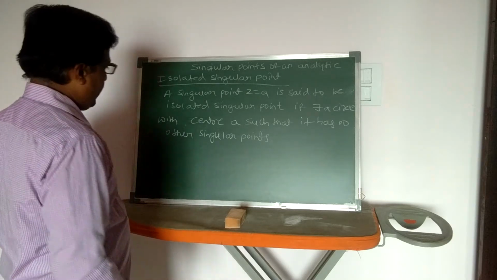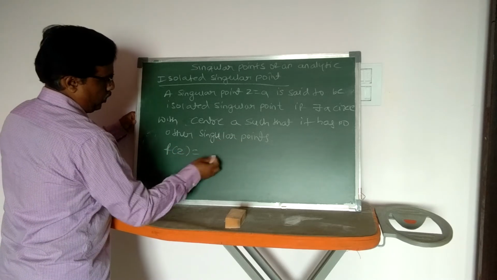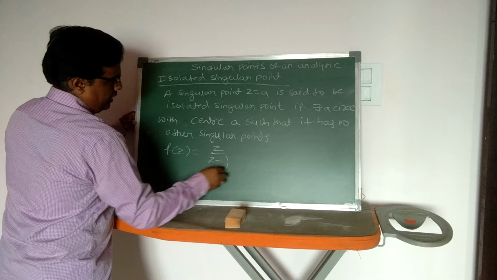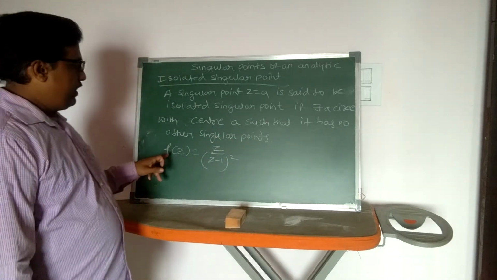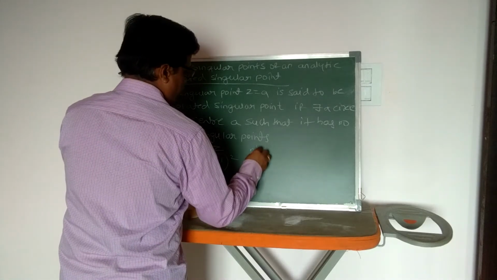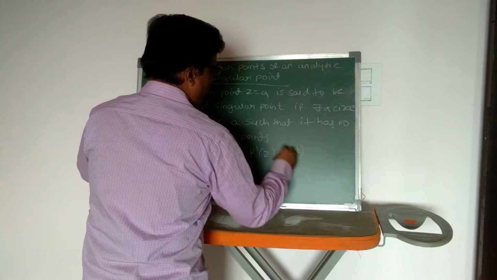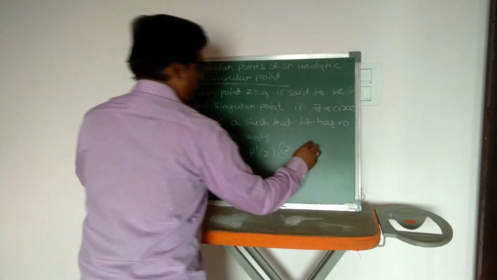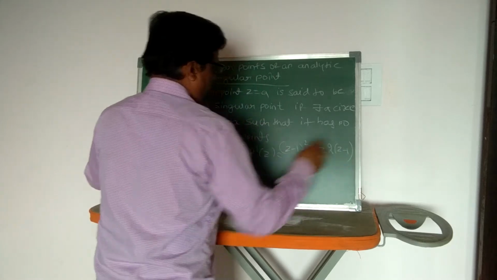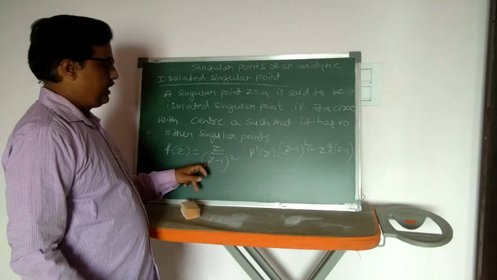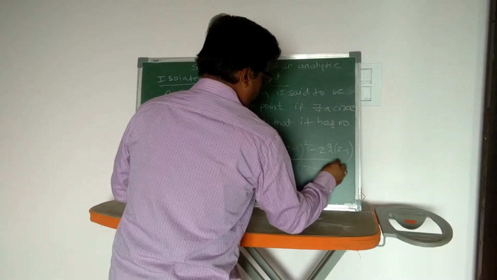Okay, so for example, take f of z is equal to z divided by z minus 1 whole square. Now when you differentiate this, by applying the quotient rule, f dash of z is z minus 1 whole square into the derivative of z, which is 1, minus z into 2 into z minus 1, again by the chain rule, divided by z minus 1 raised to the power 4.